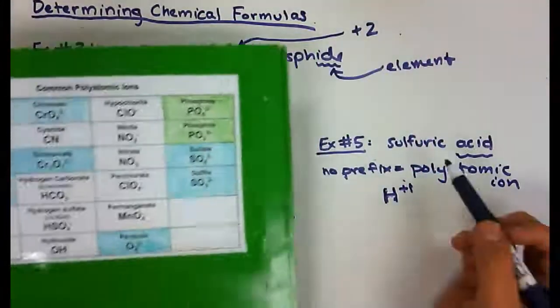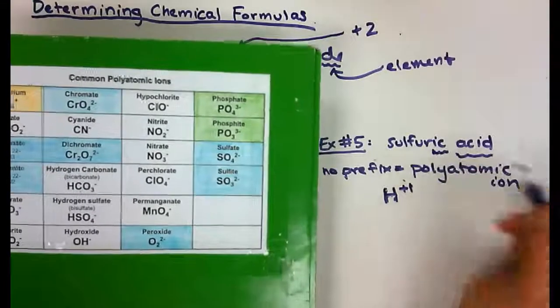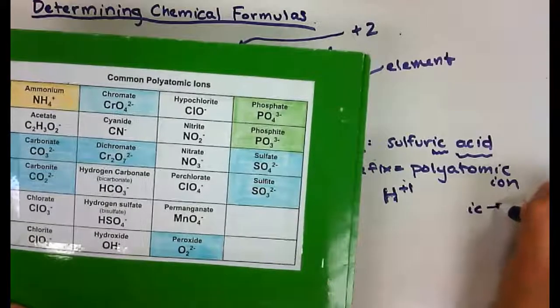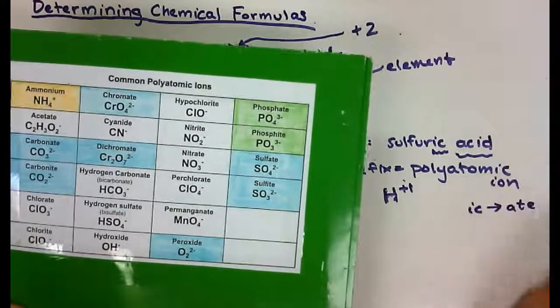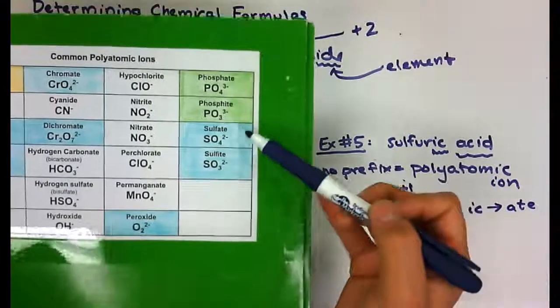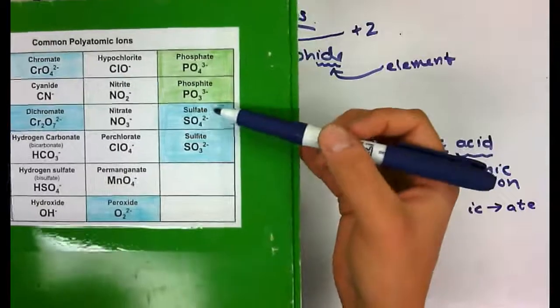And the way that you will know this is by the way the ending is in the acid name. So if you have an ending ic, that means that it was the polyatomic ion that ends in ate that we started with. So here we have the ending ic, so it means that it's the polyatomic ending in ate, so that would be sulfate, SO4 2-.